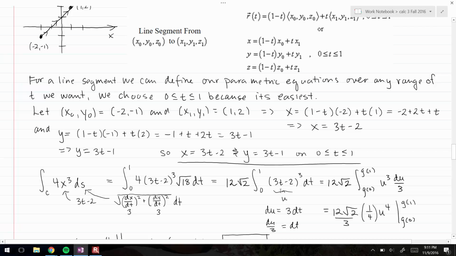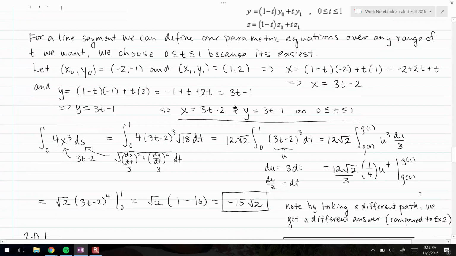Let u equal 3t minus 2. Take the derivative and you get 3, so we modify this with a du over 3. Not such a bad integral, and we go through the motions here to get our result.